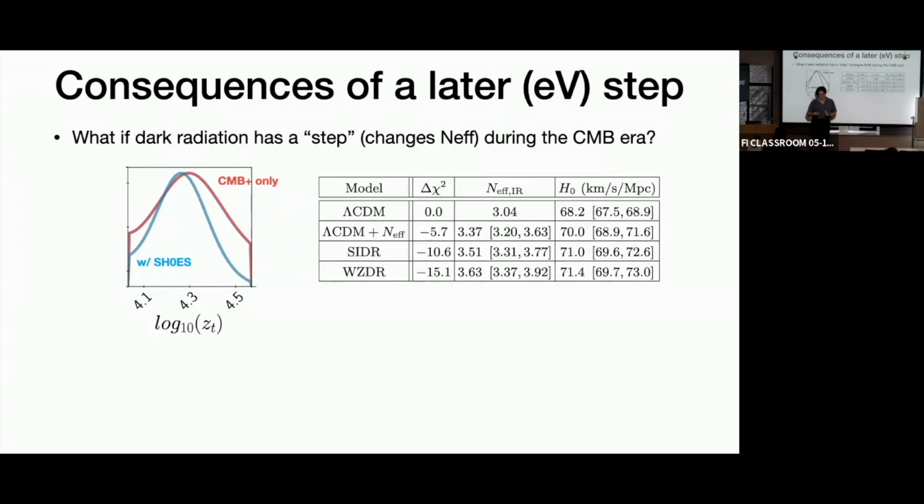And then you can allow some transfer, some change in N effective, and that improves the fit by an additional few. So I don't think this is some smoking gun that there's a solution here, but I think it's clear that there are models that have dynamics in this desert era that look like they can get the Hubble tension to at least be ameliorated.